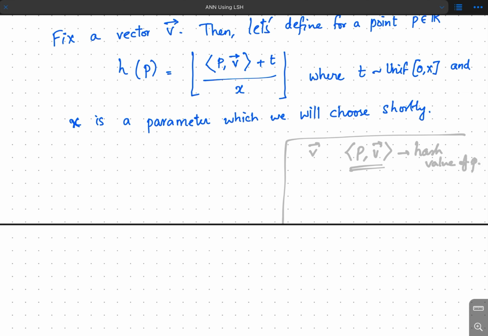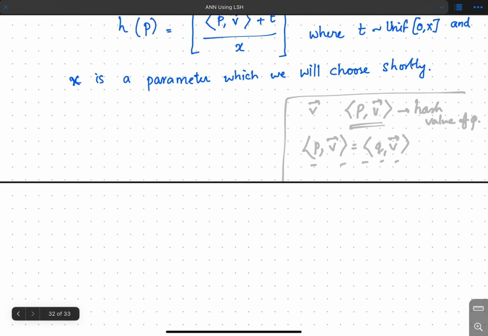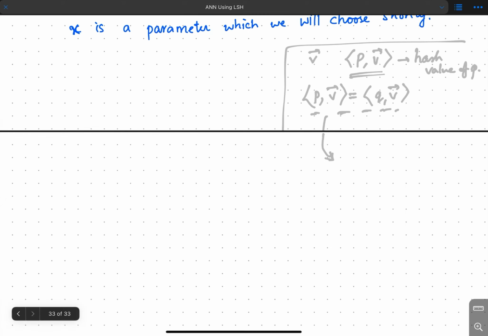But this is not a very good hash function, in the sense that it's highly improbable that for two vectors p and q, no matter however close they are, the hash values will be equal, because these values will be close but they will not exactly be equal. One way to fix this issue is, instead of just taking the dot product, we take the ceiling or floor of the dot product.